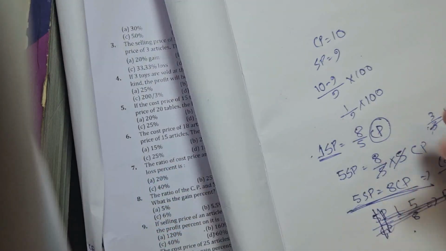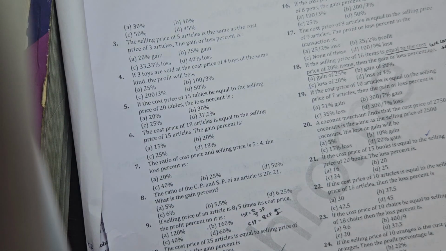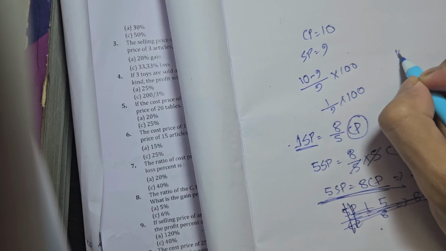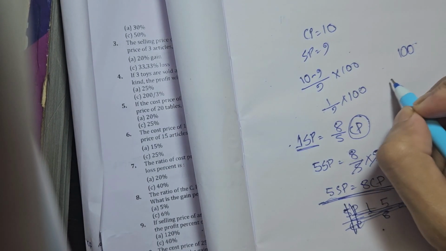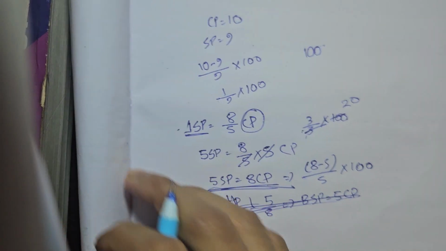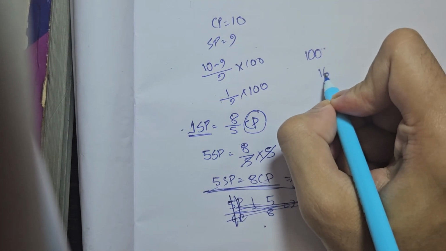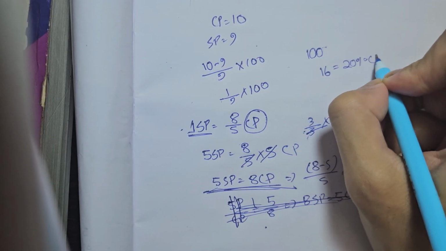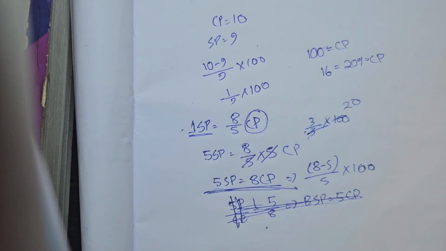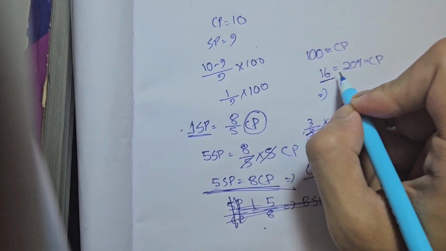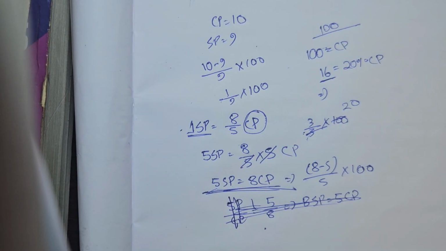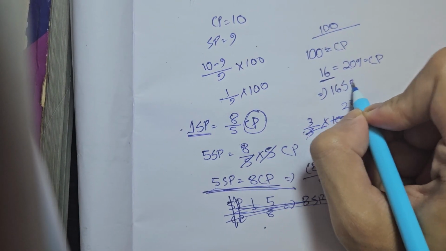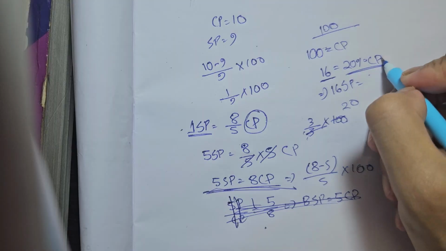So the selling price of 16 items, let's assume there are 100 products, right? So if the selling price of 16 items is 20% of CP, we will assume CP is 100, as we earlier saw that if there is a double digit, we will assume total quantities is 100. So it is going to be 16 SP equals 20% of CP.